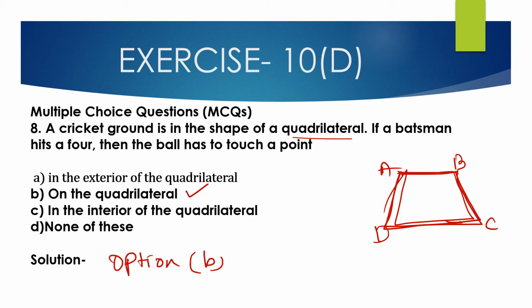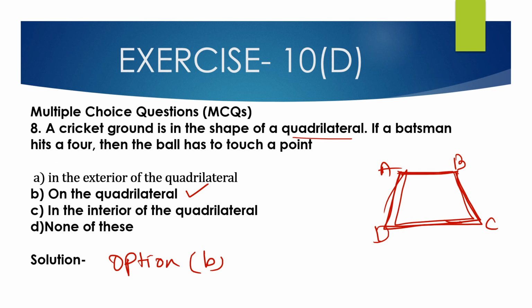If he hits a 6, then it will be in the exterior of the quadrilateral. If he scores 1 or 2 runs by running, then it will be in the interior of the quadrilateral.